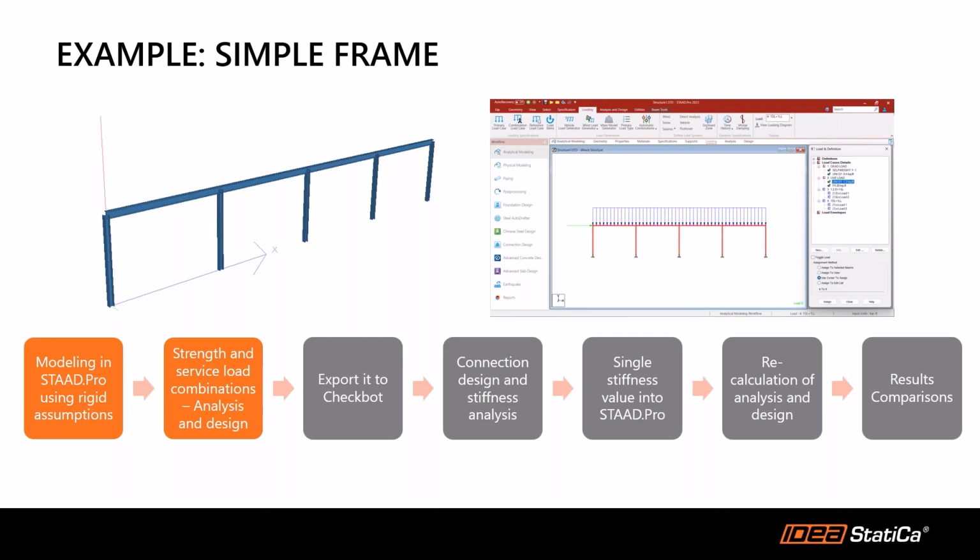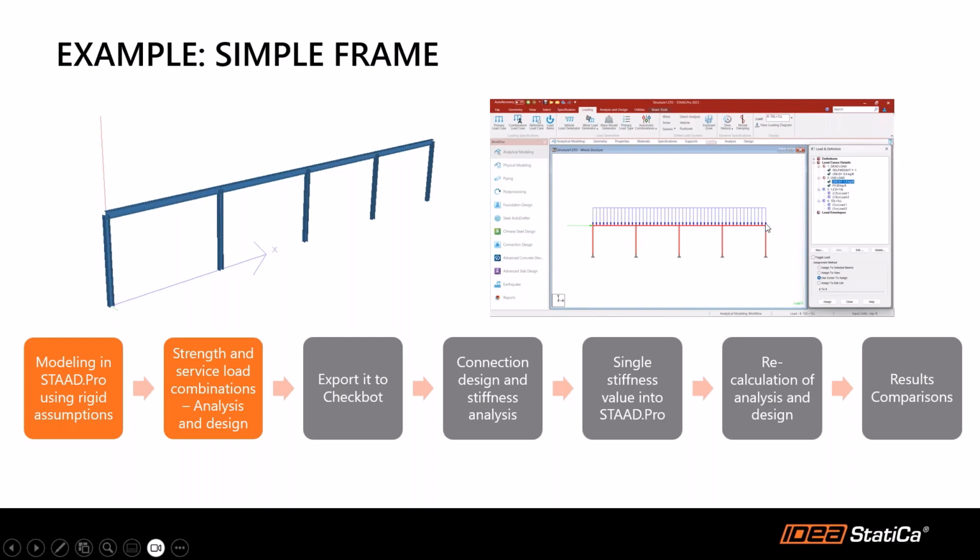I started by modeling a simple frame in STAAD.Pro. I used rigid assumptions, so that means the beam to column connection was a rigid link. Then I added loads.